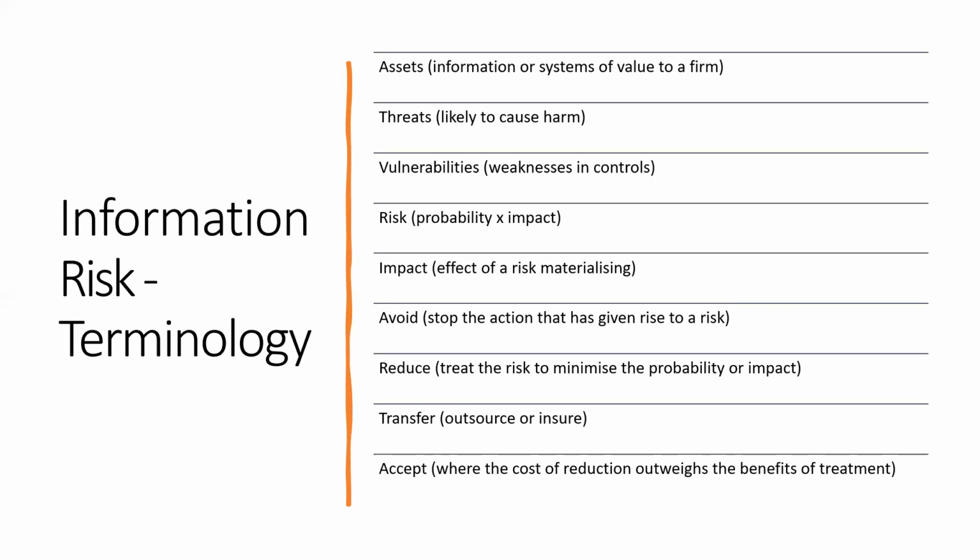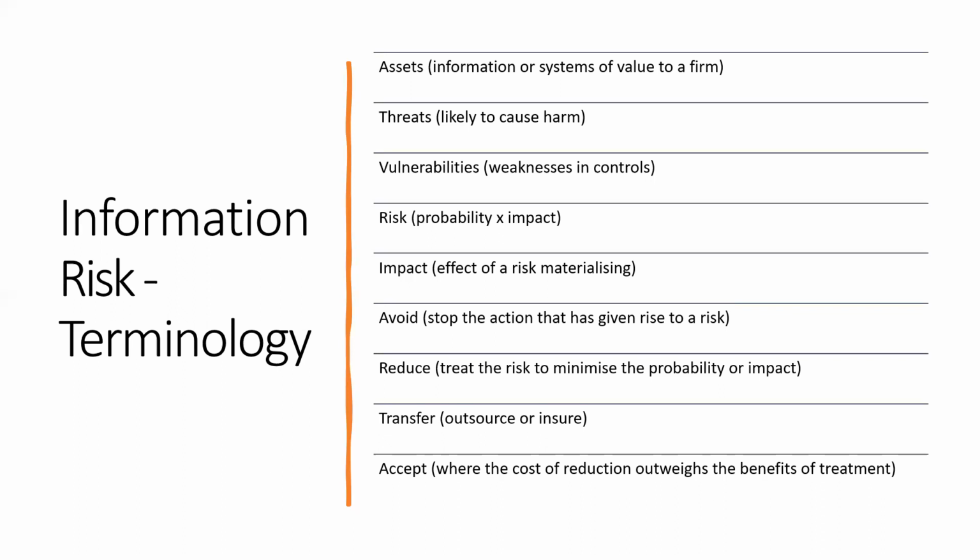And we can avoid a risk by stopping the action that has given rise to the risk. We can reduce the risk to seek to minimize the probability of the impact materializing, or reduce the impact in the event the risk were to materialize.